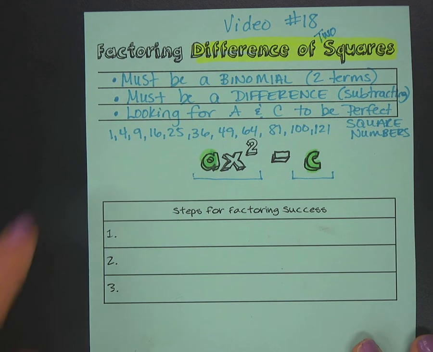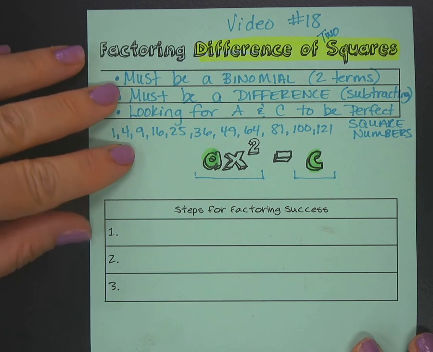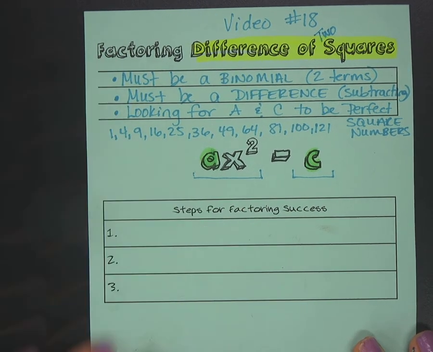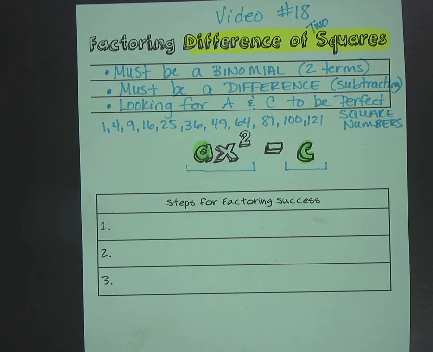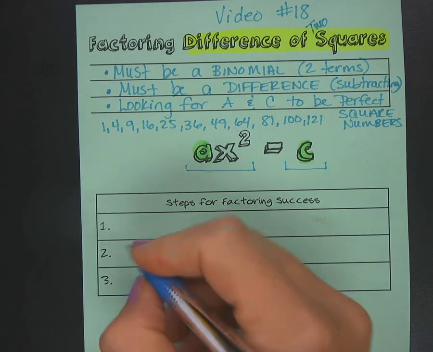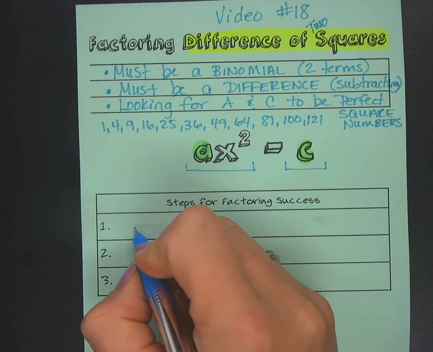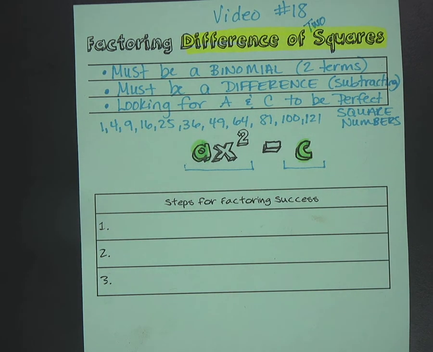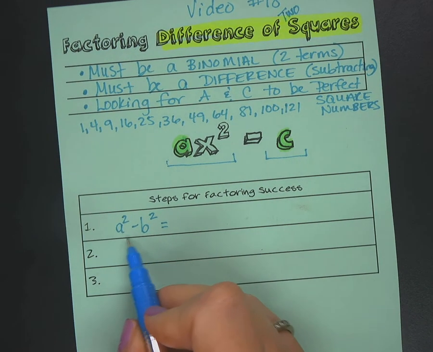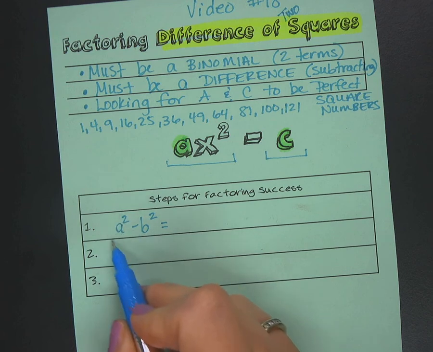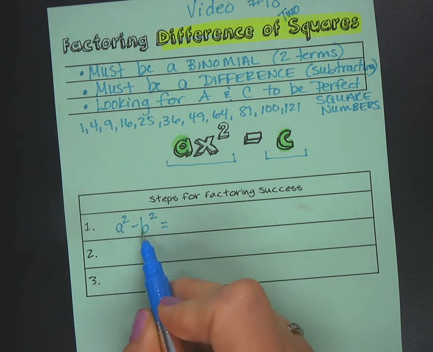Okay. So recognizing the pattern is one thing, and what you do with it is another thing. In order to factor this successfully, you need to recognize that it's a difference of two things that can be written as something squared.